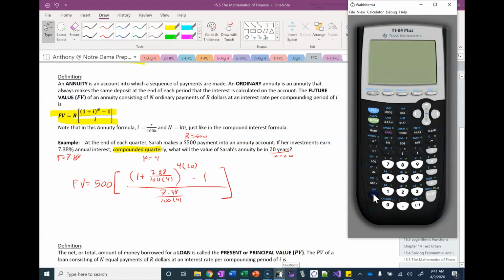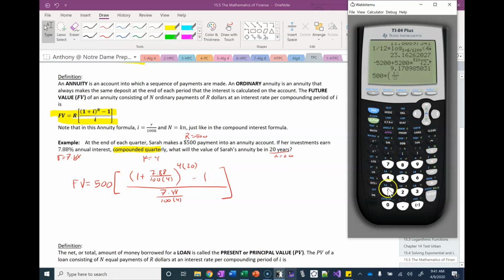I'm going to show you typing this in because it's kind of a monster, so I'm going to be very careful using my fraction commands. I get a fraction for the big fraction: alpha y equals, and then choose the n over d command.